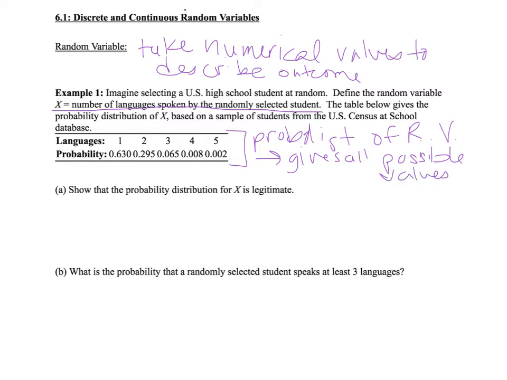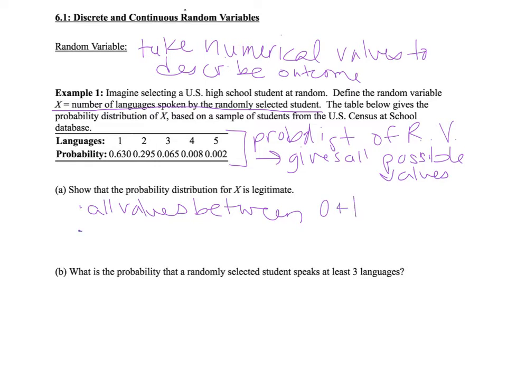The first thing I'm going to have you do is show that the probability distribution here is legitimate. In order for a probability distribution to be legitimate, you need two things. First, all values must be between 0 and 1. In this case, they are, so it checks out.